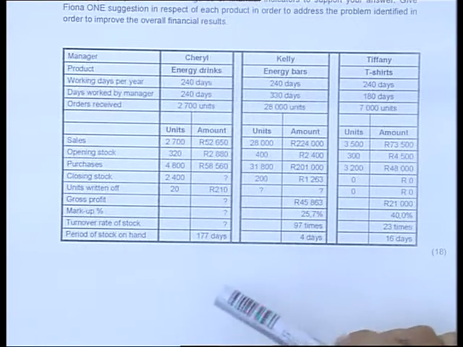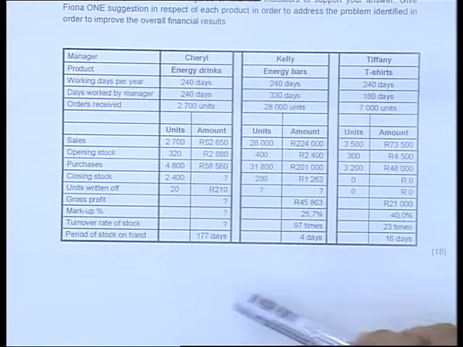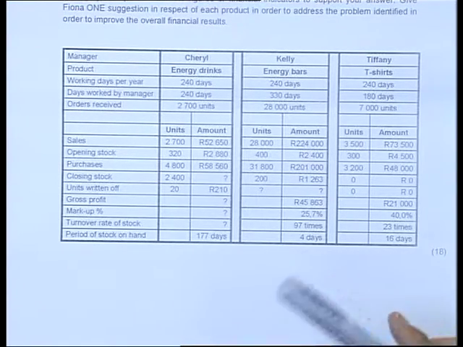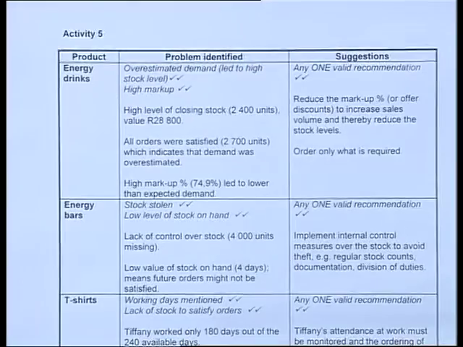And now you have to identify a problem first of all with each one, and then you have to give solutions. Okay, so if I can just point you in the correct direction there, let's look at it.